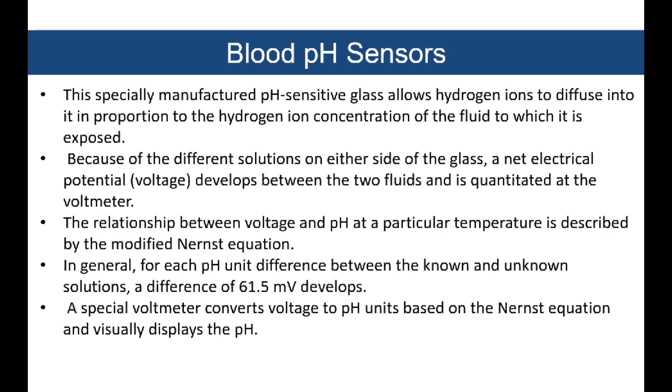The relationship between the voltage and the pH at a particular temperature is described by the modified Nernst equation. In general, for each pH unit difference between the known and unknown solution, a difference of around 61.5 millivolts develops. A specific voltmeter converts voltage to pH units based on the Nernst equation and visually displays the pH.